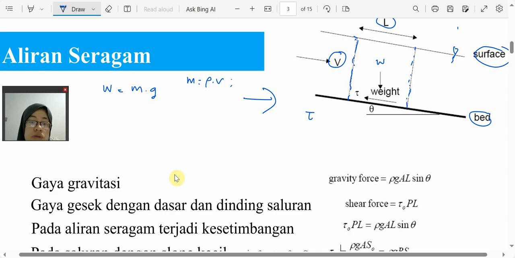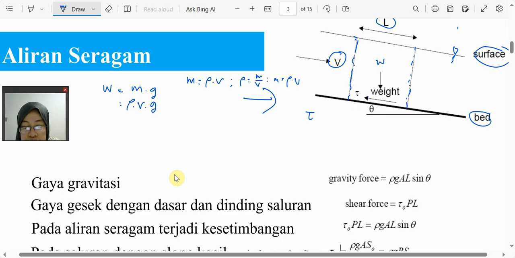Because maybe some of you remember the density is equal to mass over volume. So mass is equal to density times volume. Okay, so if we write the weight with the density, we can write it as density times volume times gravity.